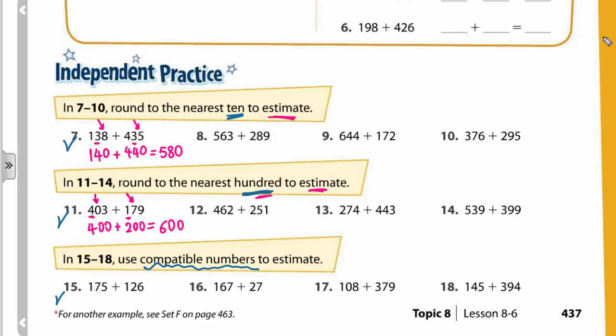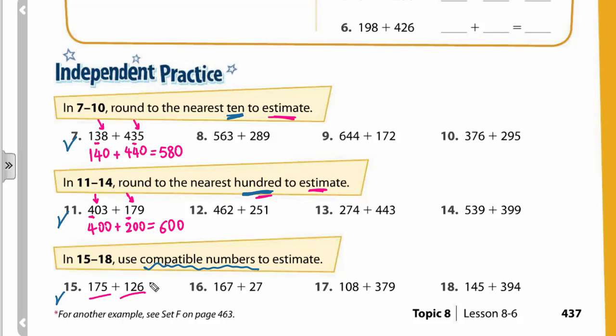I am here. Question number 15. We need to use compatible numbers. And what do we mean by compatible numbers? We will change the two numbers into two other numbers that are easy to add. Okay. The first one is 200.